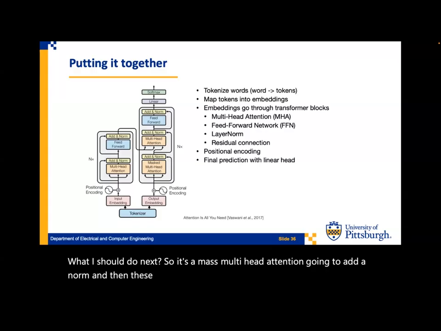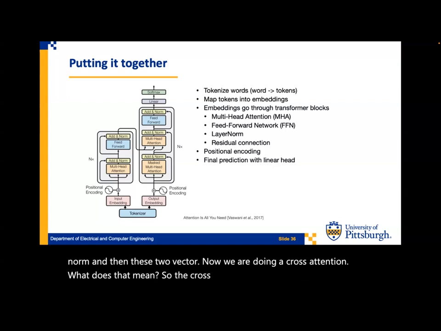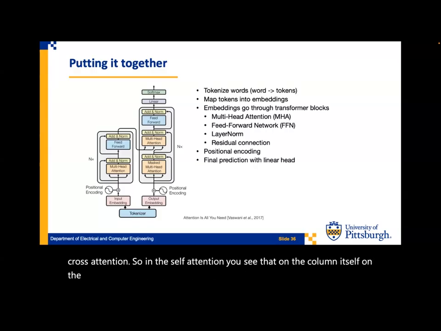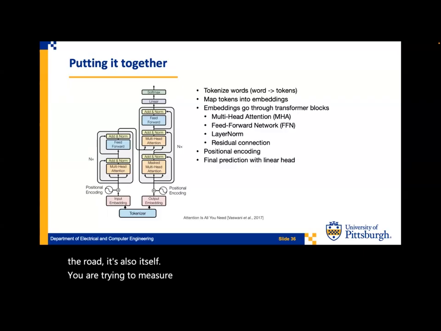Now we are doing a cross attention. What does that mean? The bridge here is doing the cross attention. In the self attention, the column is itself and the row is also itself. You are trying to measure how this word is related to its context, right?